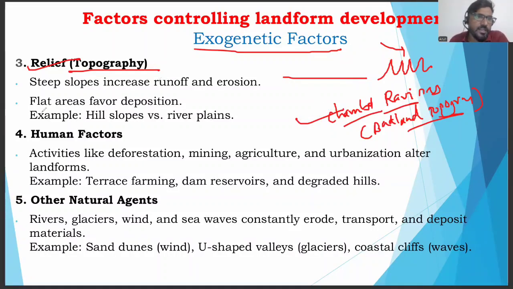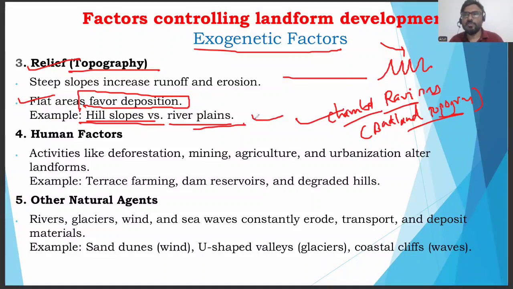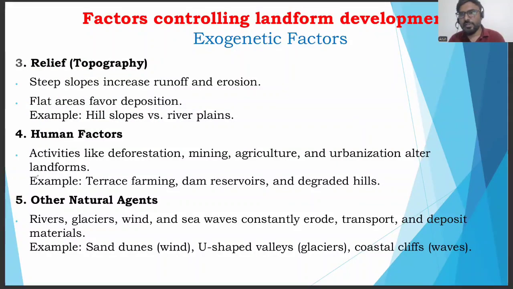Even the flat areas favor deposition. Examples are hill slopes versus river plains. So relief or topography also impacts the rate of erosion. Ultimately it controls landform development or modifies the landforms, right?